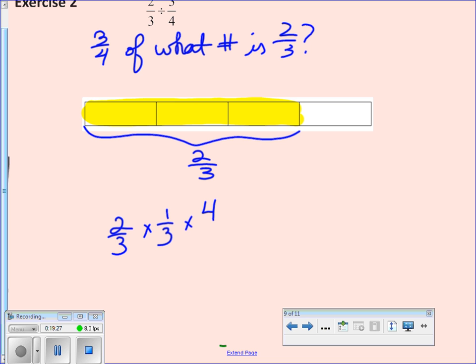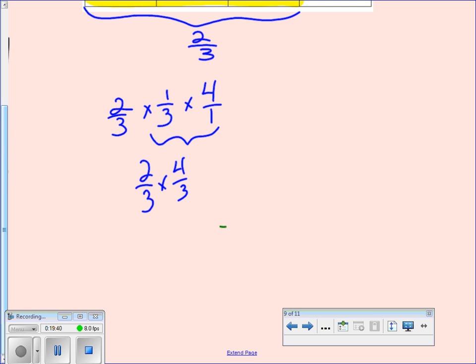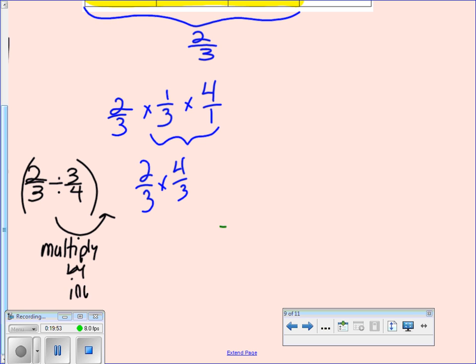And 4, because there are 4, so 4/1. I can combine those: 2/3 times 4/3, and that is 2/3 divided by 3/4. That is just multiplying by the inverse.